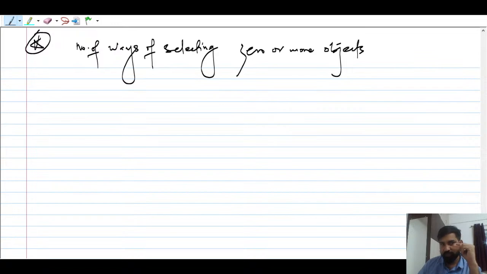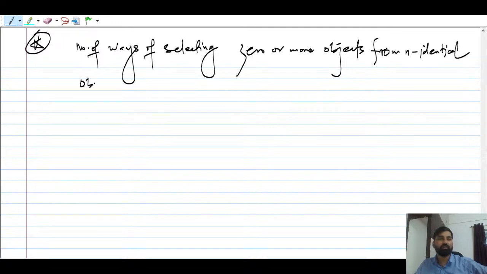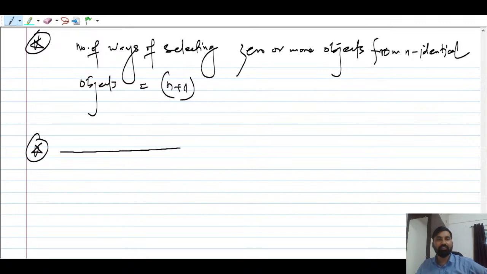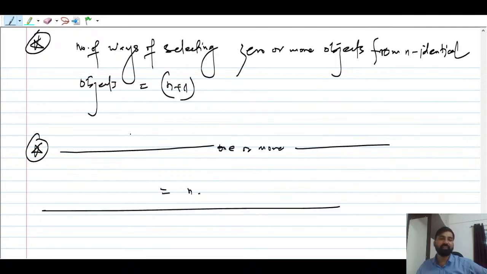But if they are saying the number of ways of selecting zero or more objects from n identical objects, right? So ये कितना हो जाएगा? n plus 1, because you know 1 plus 1 plus 1 plus 1 plus 1. मान लो ऐसा बोलता है कि number of objects one or more from identical objects, it will be n only, right? So you guys can complete it right here.